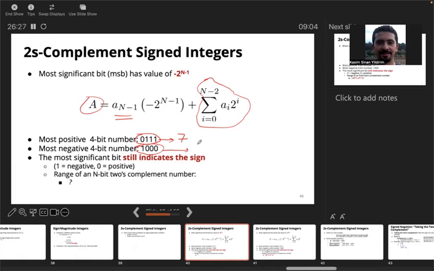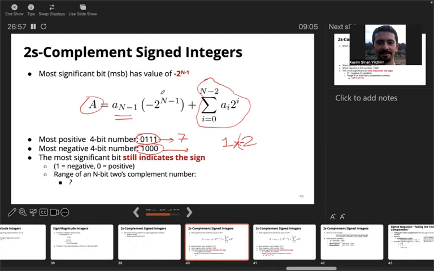What is the value of this number? How many bits do I have? 4 bits, right? If you look at this formula, that bit is 1, so 1 multiplied by minus 2 to the power of what?